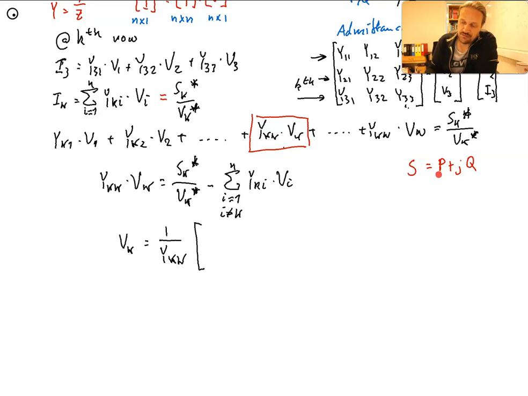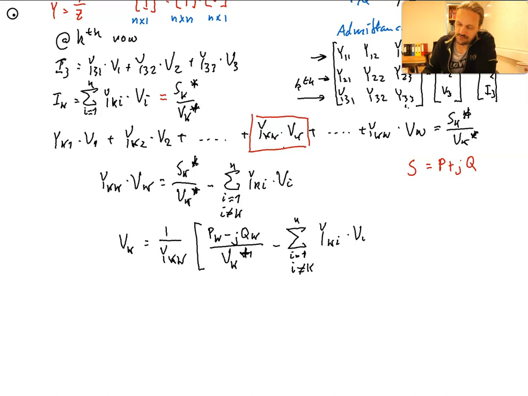And then the conjugate here, if this is P plus JQ, I have to take PK minus JQK over the VK conjugate, which stems from here, VK conjugate, and then minus this term here, which is then the sum of I equal to 1 to n but I cannot be k, so that's YKI times VI, like that.